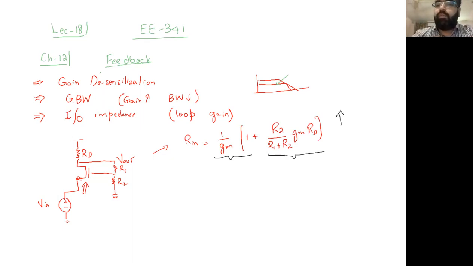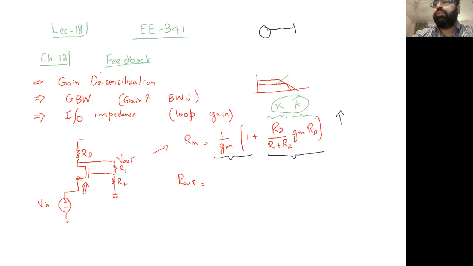The opposite happens for Rout, where the output impedance reduces by the same amount. That was equivalent to KA. So this is just for your own reference, K times A. A is for the feedforward path, and R2 over R1 plus R2 is for the feedback path. If you want, I can also draw what we mean here.